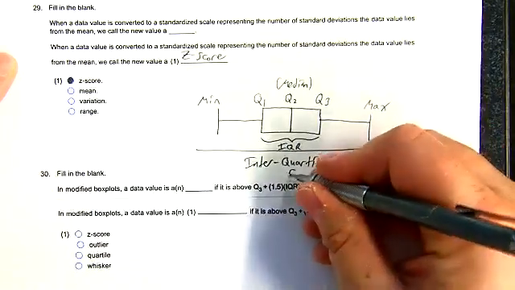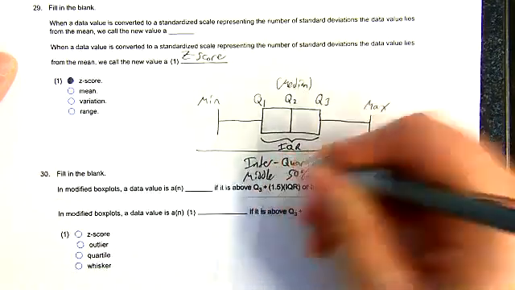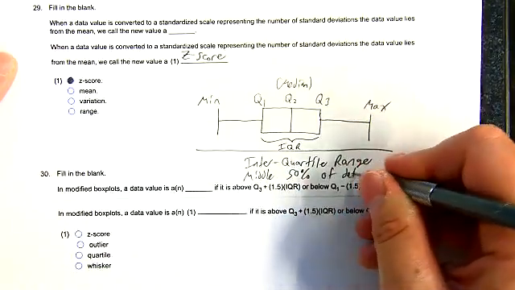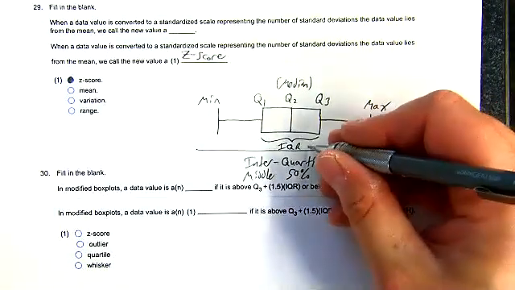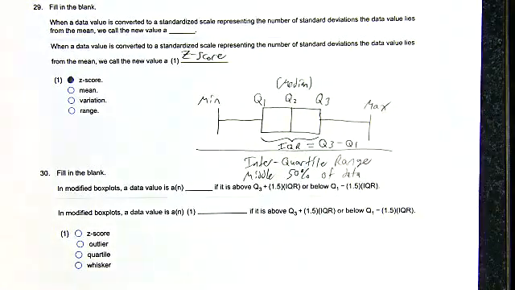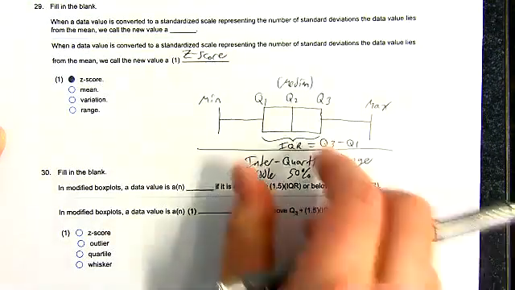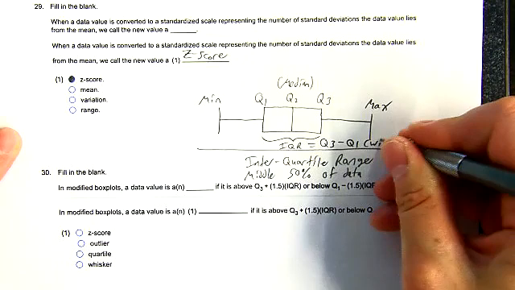And it represents the middle 50% of data. And it's very easy to calculate. You take your Q3 number and you subtract Q1. So this is just a width. This is how wide is the box. Width of the box.